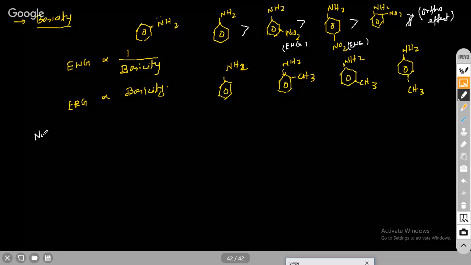So one note you write down first, you must keep this in mind: ortho substituted anilines are weaker base than aniline itself, regardless of the nature.